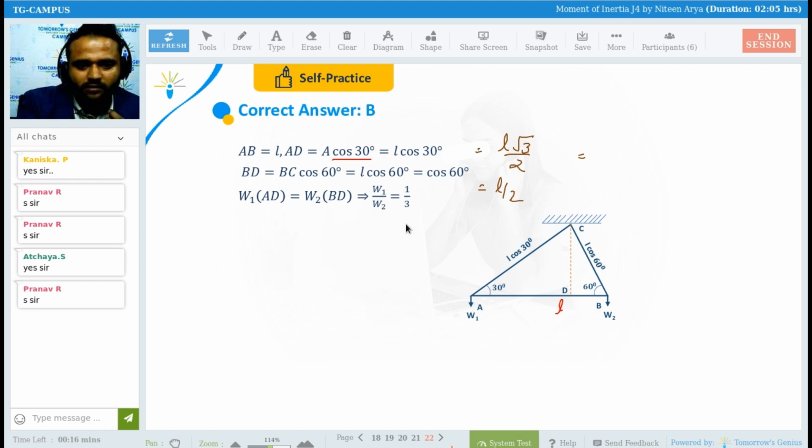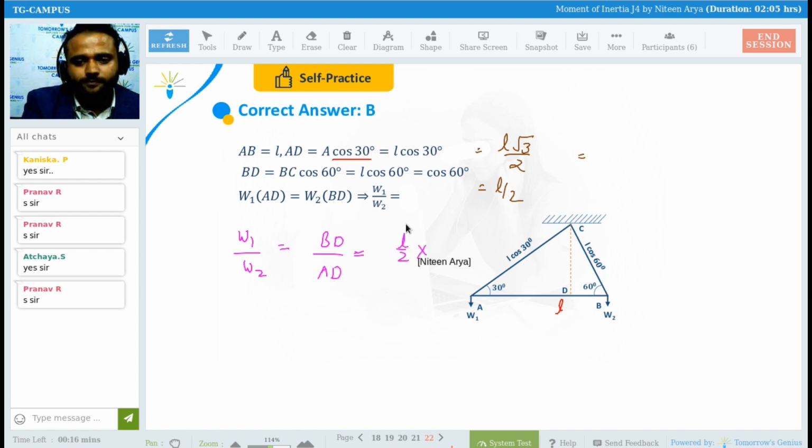The answer is not correct in the given format. So the main thing here is W1 upon W2, which is BD upon AD. AD here is L root 3 by 2. BD is L by 2.